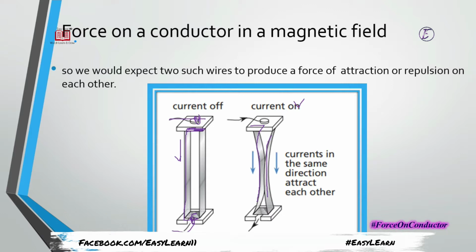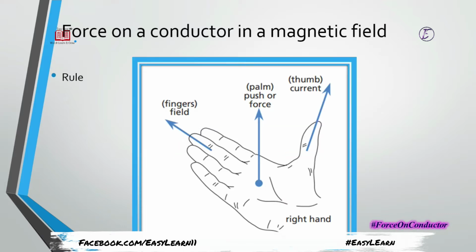Both coils attract each other. This means that whenever the currents are in the same direction, either both upward or both downward, as long as the directions are the same with respect to each other, they feel a force of attraction.